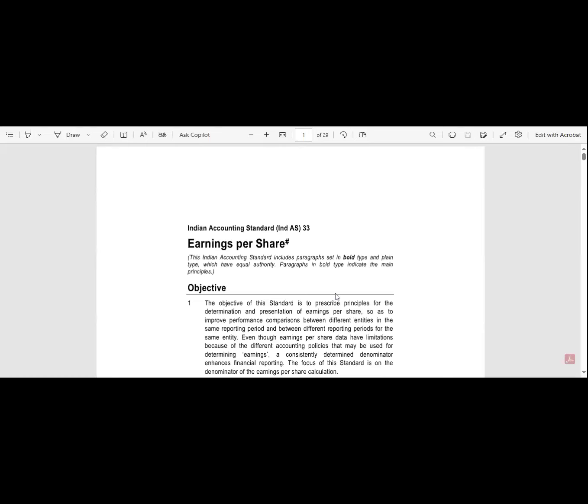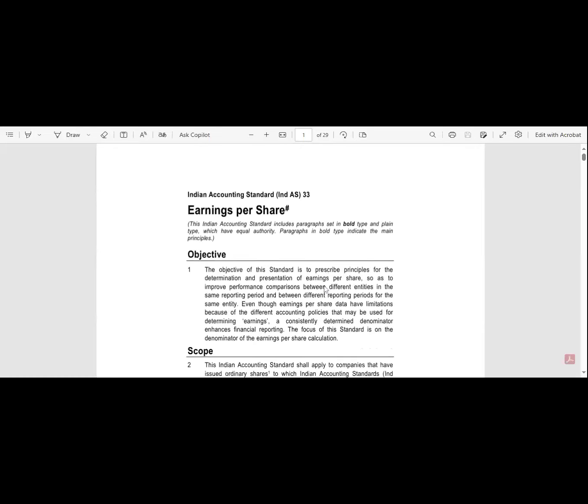If you read the objective of the Indian Accounting Standard 33, okay, so the objective of the standard is to prescribe the principle for the determination and presentation of earning per share so as to improve the performance comparisons between the different entities, means different companies, in the same reporting period, and between the different reporting periods for the same entity.